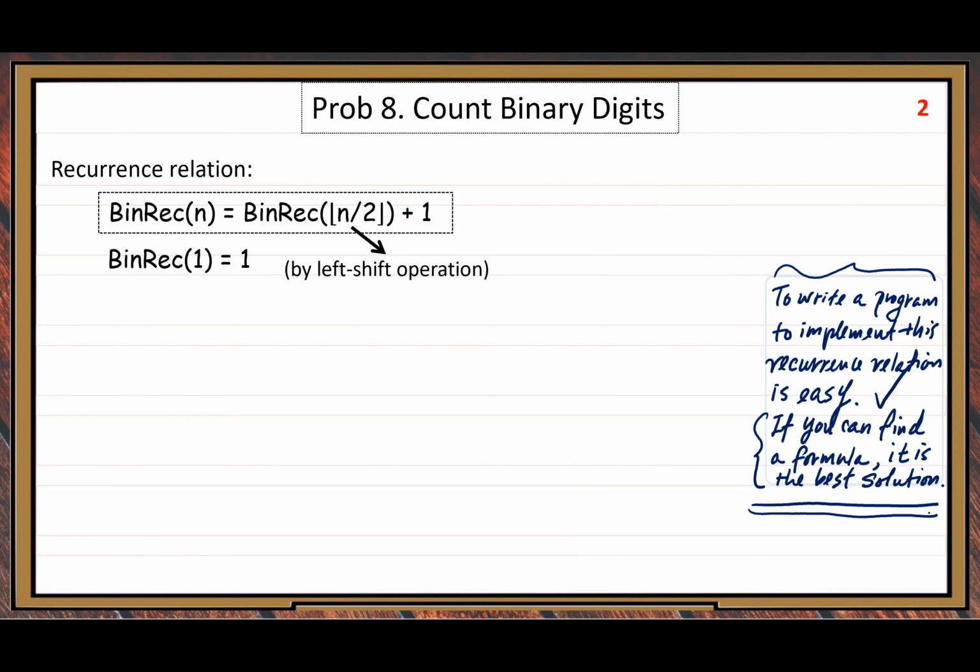Look at this integer division, n over 2. That is a special division because the denominator is 2. So we can treat it as a shift operation. We move the decimal point, but here let's say the binary point.